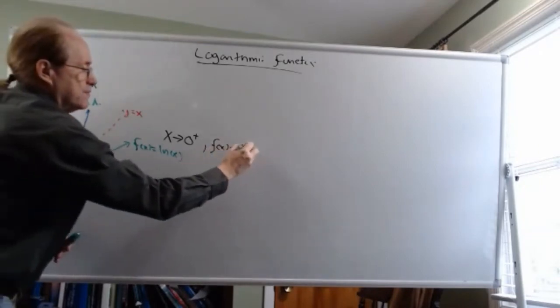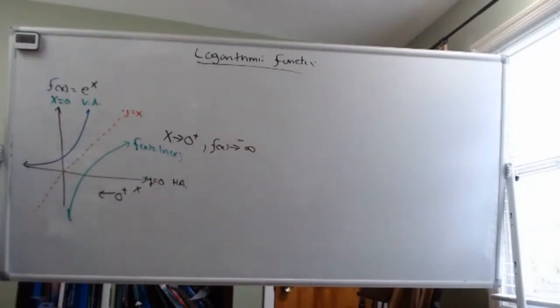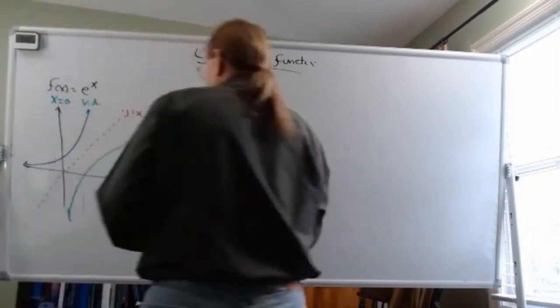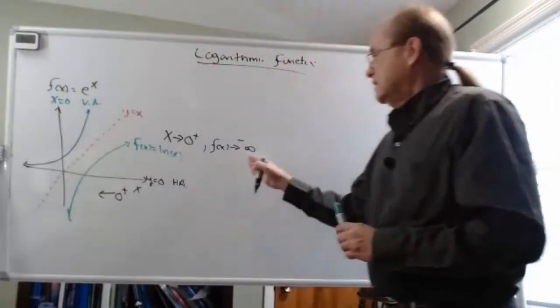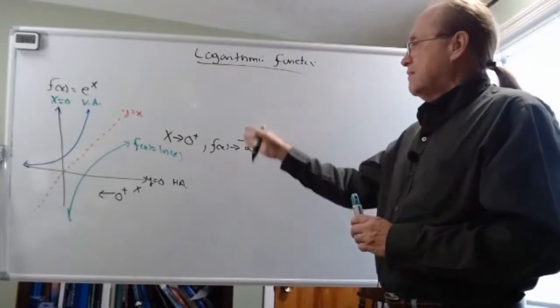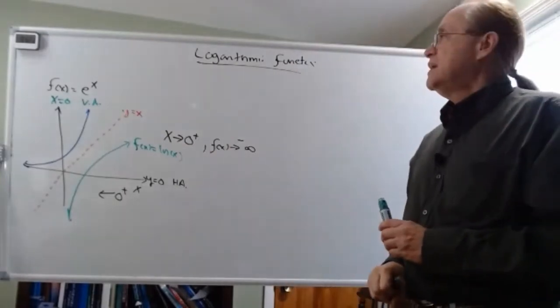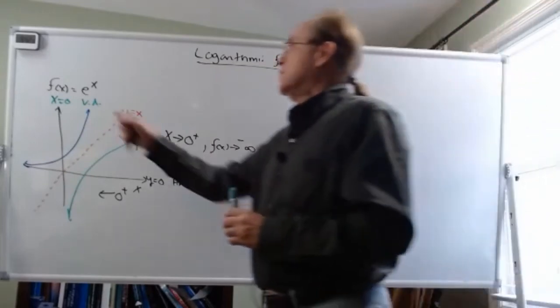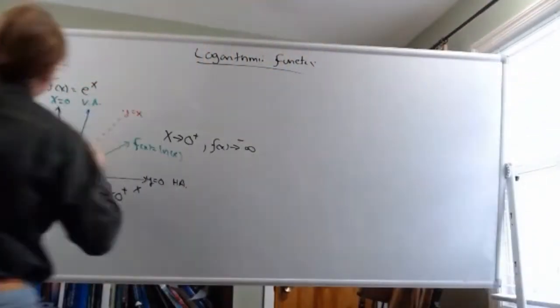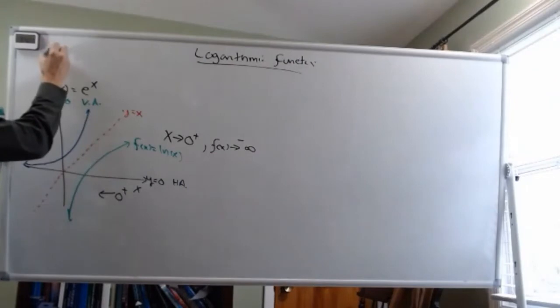That's the definition of either plus or minus infinity, and that's the definition of a vertical asymptote. So that's what's unique about the logarithmic function: it has vertical asymptotes, whereas the exponentials have horizontal ones.